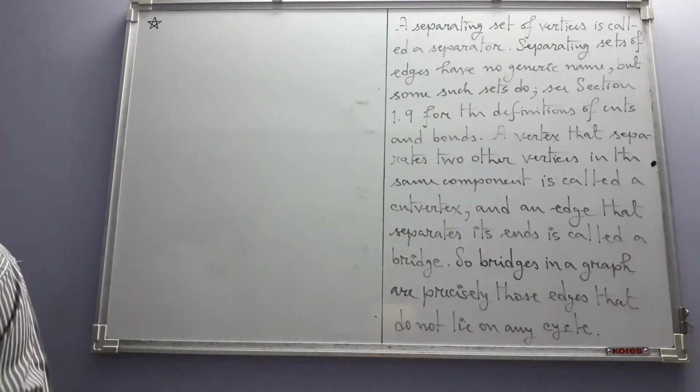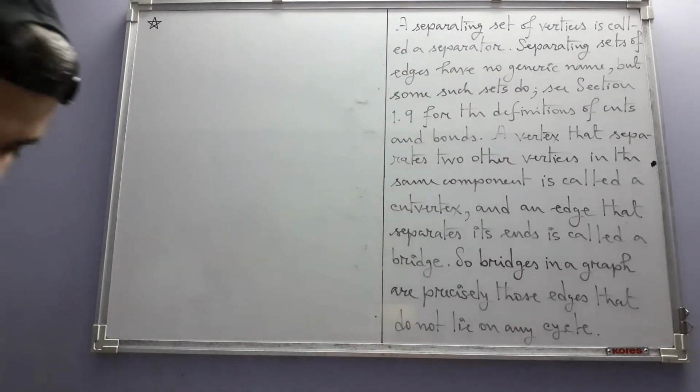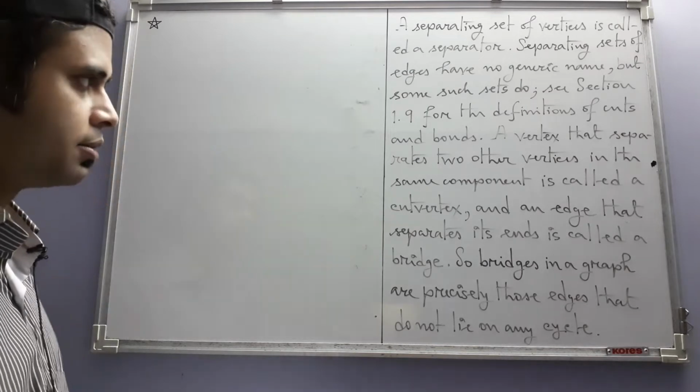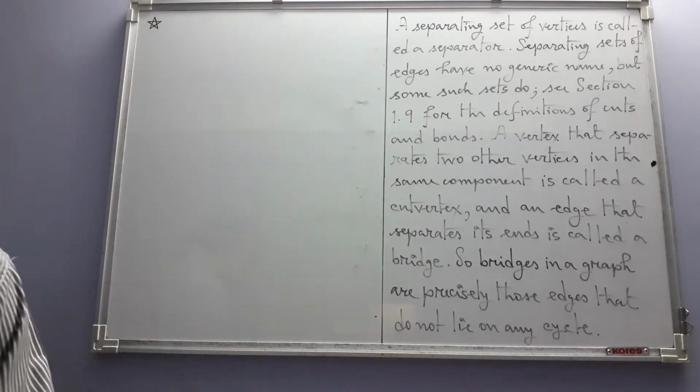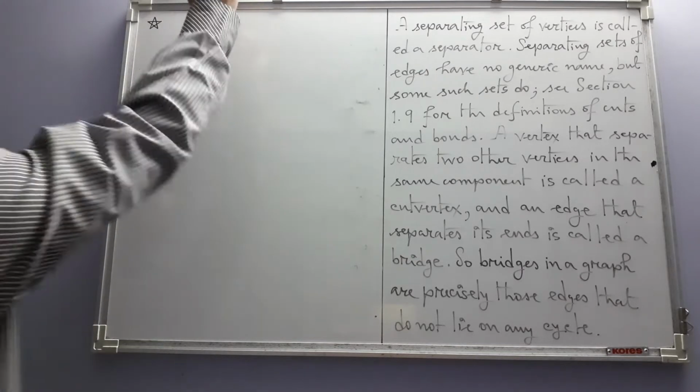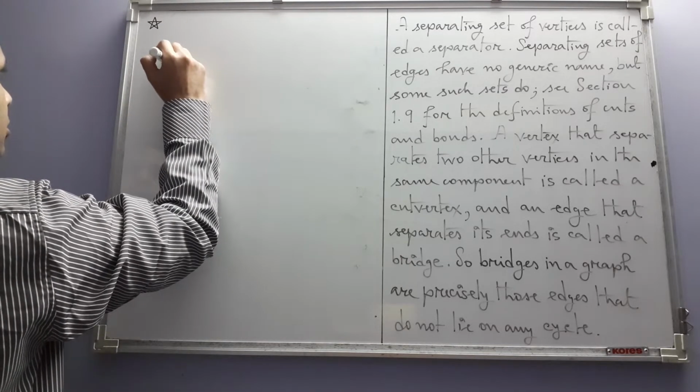Now to illustrate these notions of cut vertex and bridge, there is one example given in the text that I will now draw.